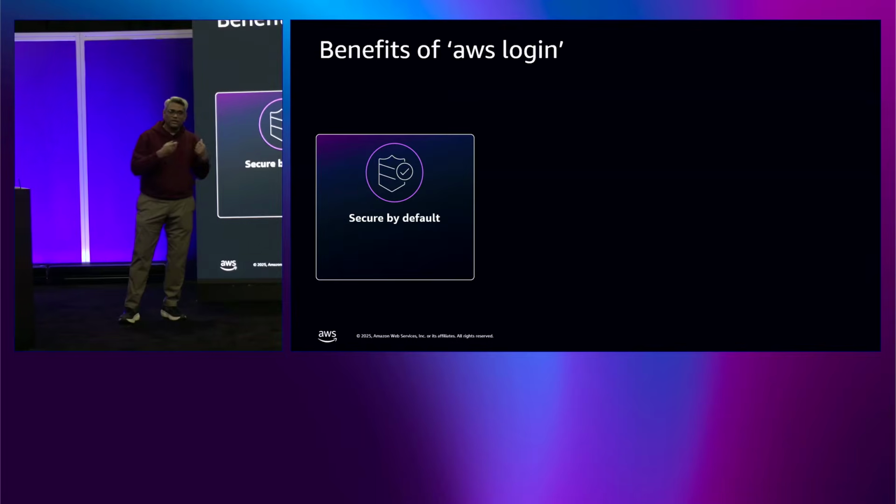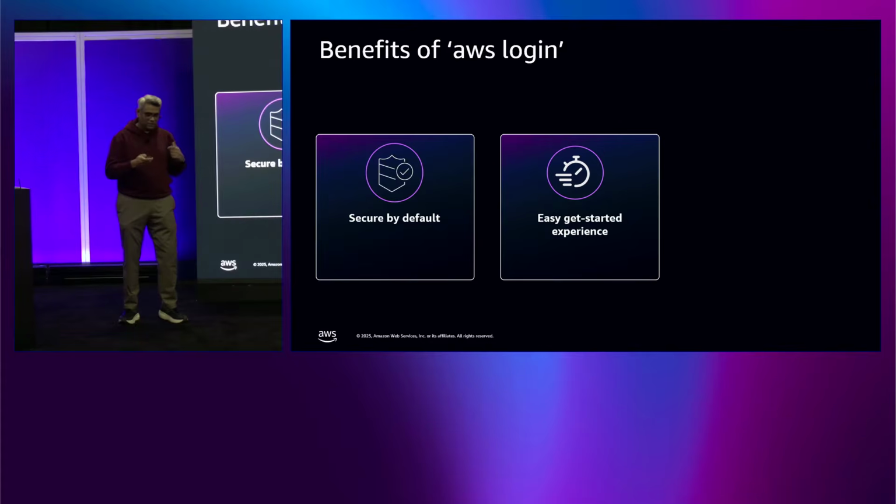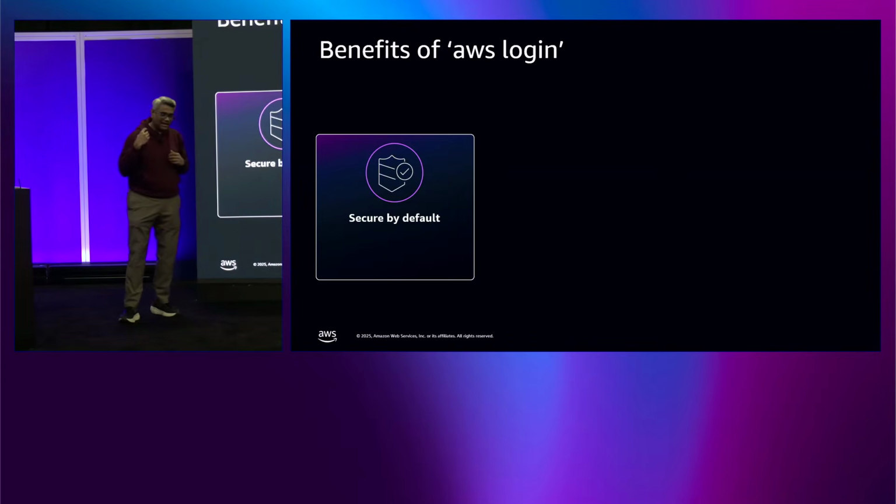What we do here is we use the OAuth 2 authorization code flow. This uses something called PKCE, which is short for proof key for code exchange. This protects you against interception attacks. We also make sure that these tokens are short-lived, but, oh, sorry for the slide auto-advancing there.